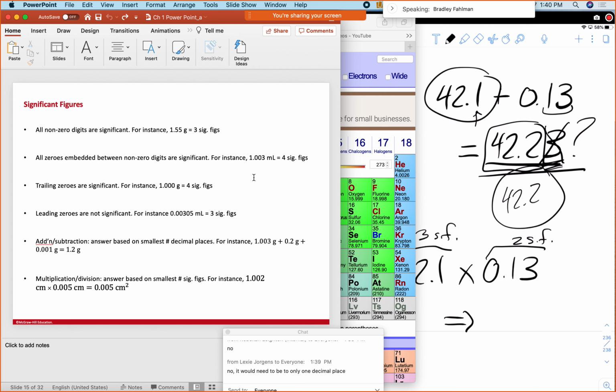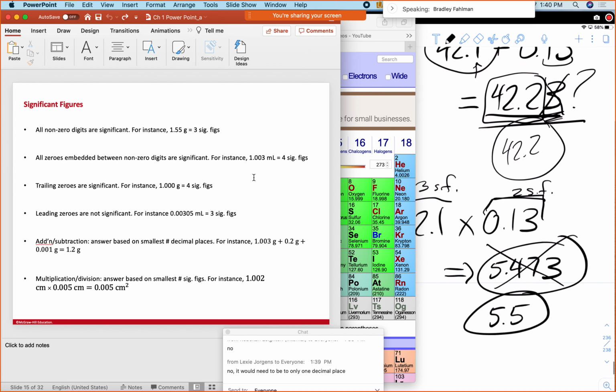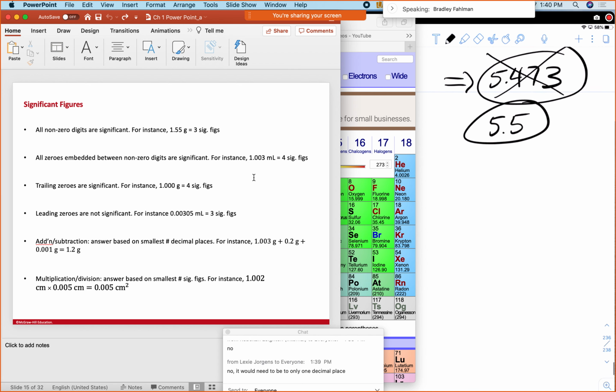So what is this in the calculator? 42.1 times 0.13 is 5.473. But to 2 sig figs, it is 5.5. So be aware of those rules for mathematical operations too.